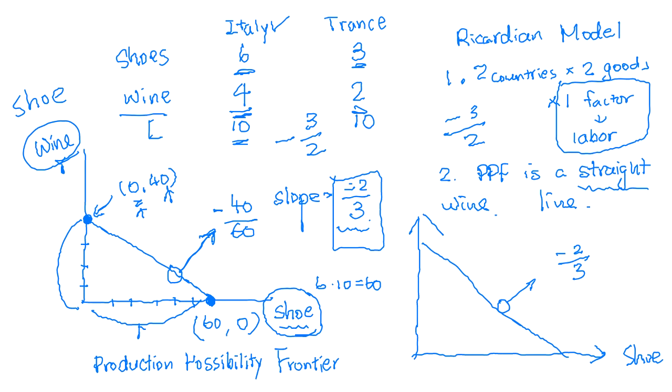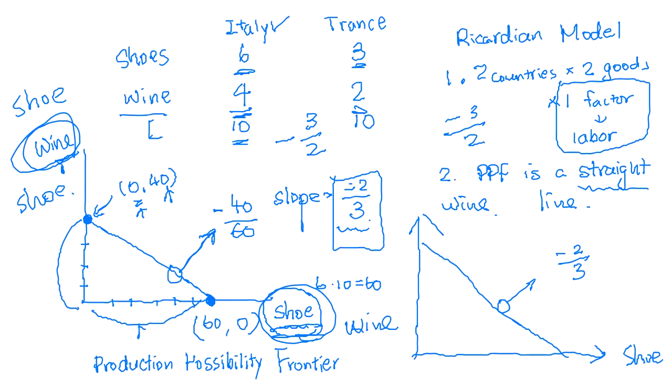So okay, the easiest way to answer this question is to switch the x-axis to the y-axis. So you put wine on the horizontal axis and you put shoes on the vertical axis, so that you could figure out the opportunity cost in different goods. Now we figure out the opportunity cost for producing an additional pair of shoes in terms of the wine, right?